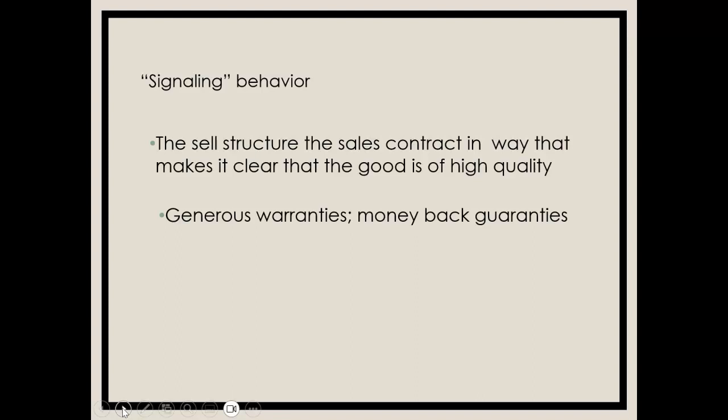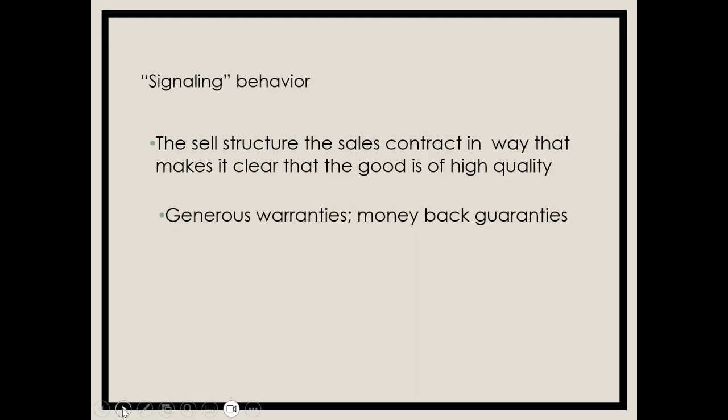There was a car that was sold a few years ago where they said that they would give a warranty that guaranteed the car for up to 100,000 miles of driving. Well, you know that if they're willing to guarantee to give you a warranty for 100,000 miles, they must be pretty sure that that car is not going to break down.